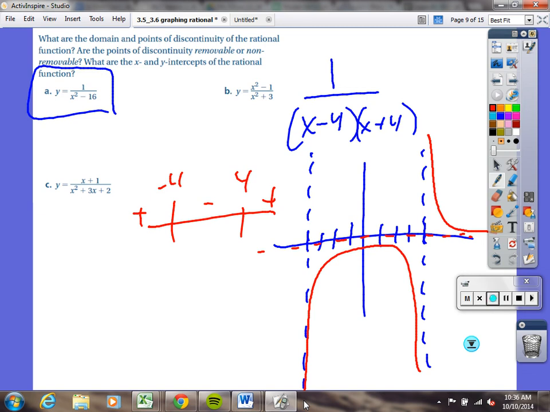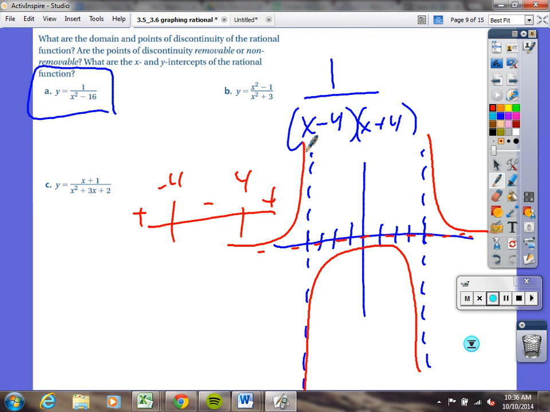He never became positive, so I can't come up here and go like this, because he doesn't ever get positive in between here. That's what that thing's telling me. So I come up, I don't know where I'm crossing, and I just know I have to come back down because I have to approach the asymptote. From here on, what is it going to be? Positive, so am I up or down? Up, so therefore, like that. That's what that graph looks like.